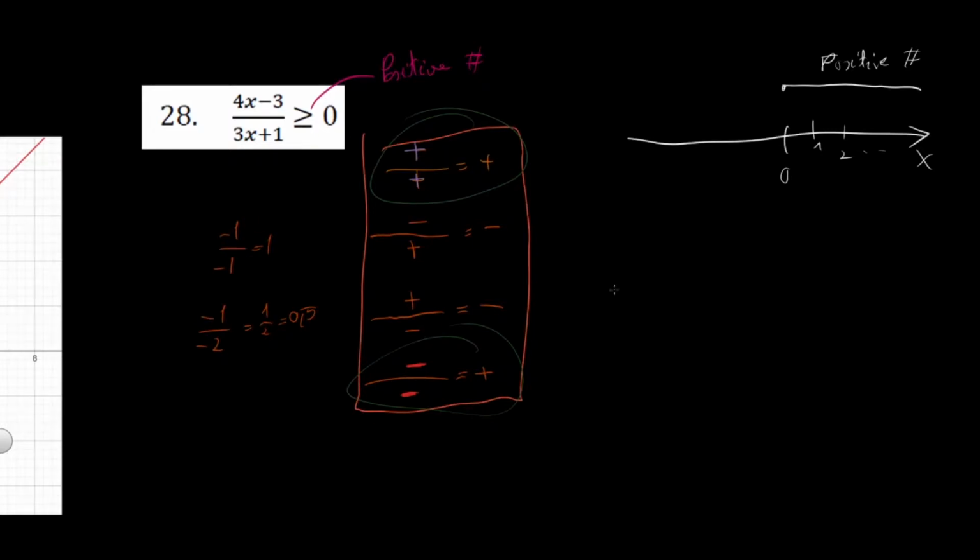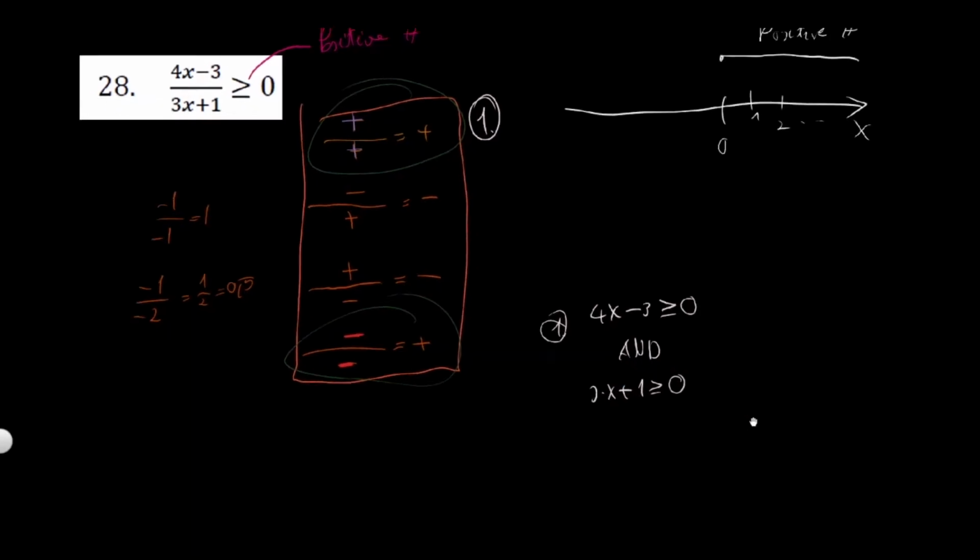So let's do the first example. It says that both the numerator and denominator are going to be positive. So I know that 4 times x minus 3 has to be greater or equal than 0, and also 3 times x plus 1 has to be greater or equal than 0.